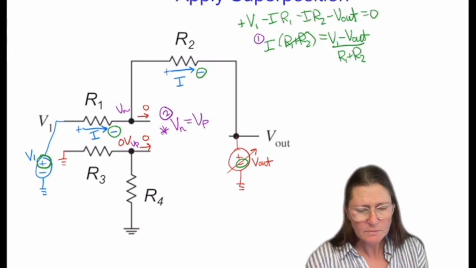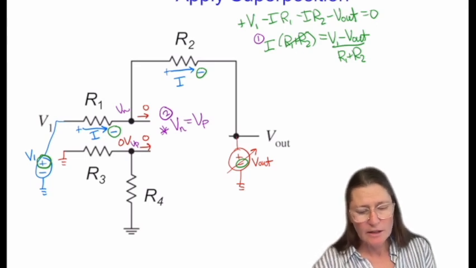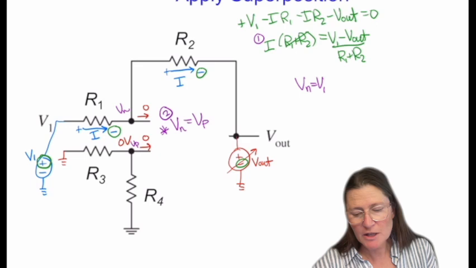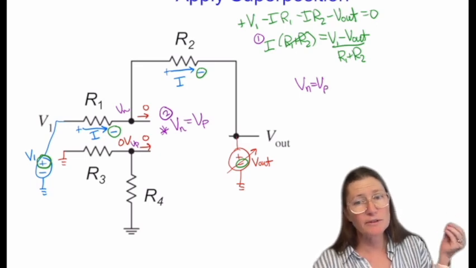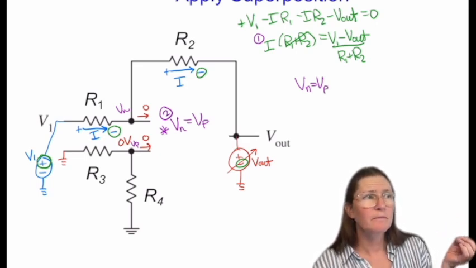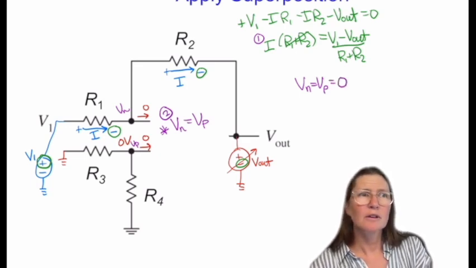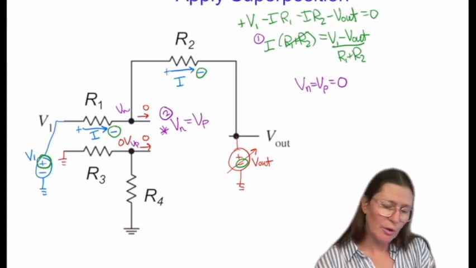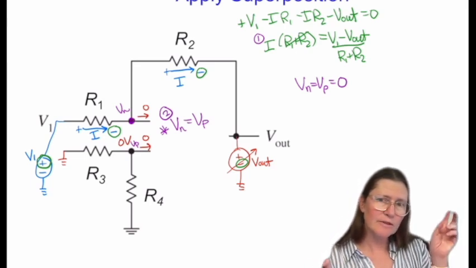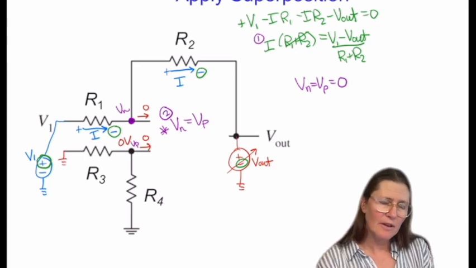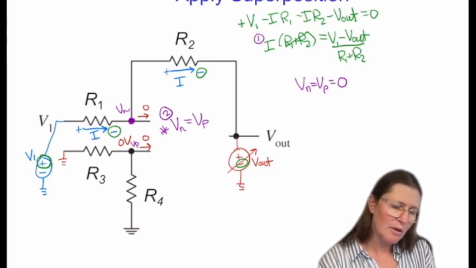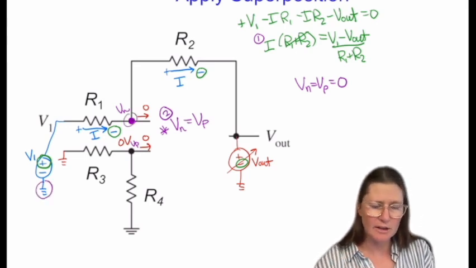So knowing that Vn equals Vp, I also know that Vp is 0. You guys see that? So if this node is 0 volts, then I can do a loop, because here's ground, and at 0 volts here would be ground, and that would be one more loop.